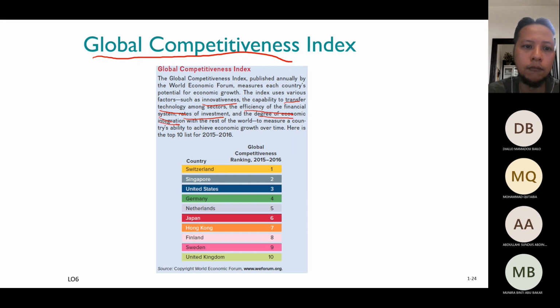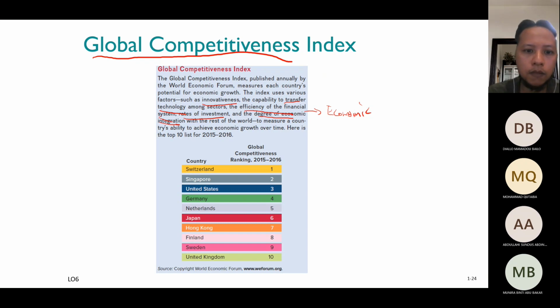This would influence economic growth as well. So if you want to see the potential of a country, you can see it through the competitiveness index.